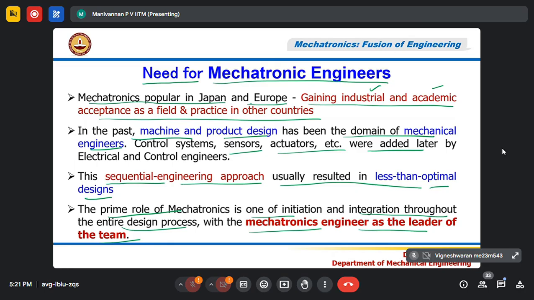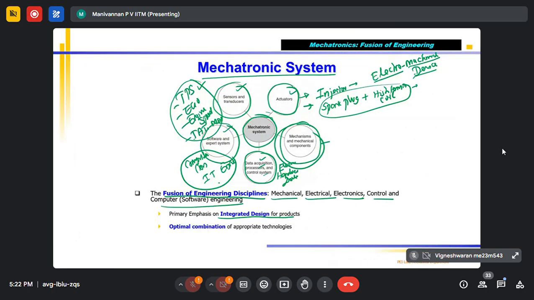He should know everything about this. If it is an engine, you should know what a fuel injection system means, what the ECU means, what is inside the ECU, microprocessor, what type of microcontroller, whether you need 8 bits or 16. You should have overall knowledge. He only can be the leader of product development, not a mechanical or electrical engineer.